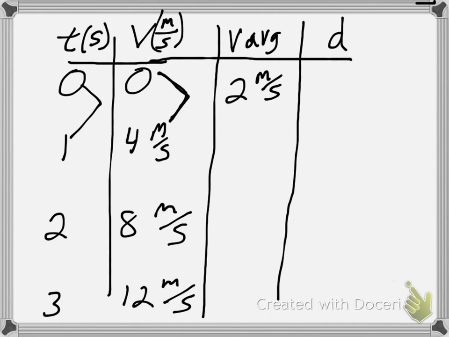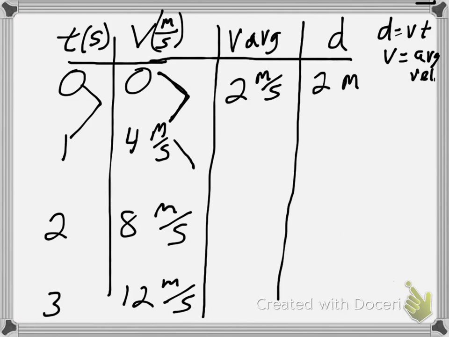So in the first second, remember that d equals vt, where v is average velocity. So at 1 second, an average velocity of 2 meters per second times 1 second, it will have traveled 2 meters, okay?